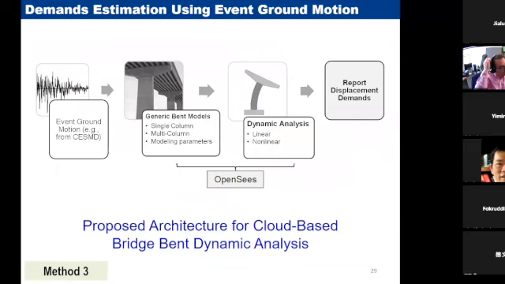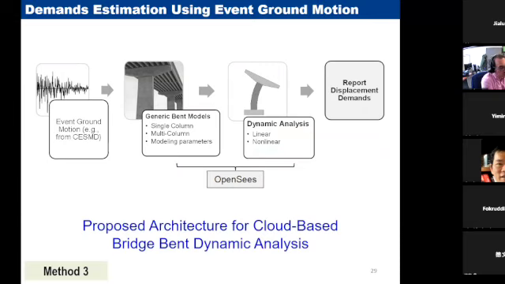The third one is more extensive. We didn't develop this, but it's a flowchart, or the architecture of software that you might develop to do linear and nonlinear analysis. The idea is this: the ground motion of that earthquake will be available to you a few minutes after the earthquake. So use that.